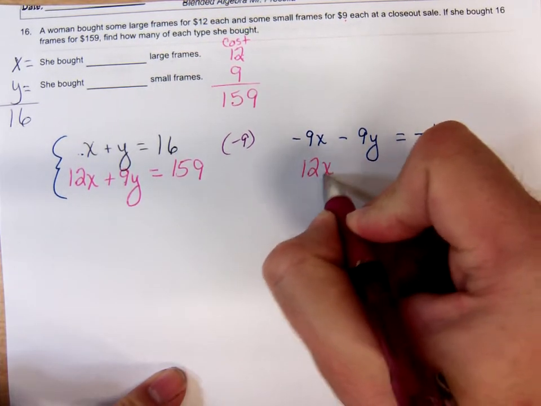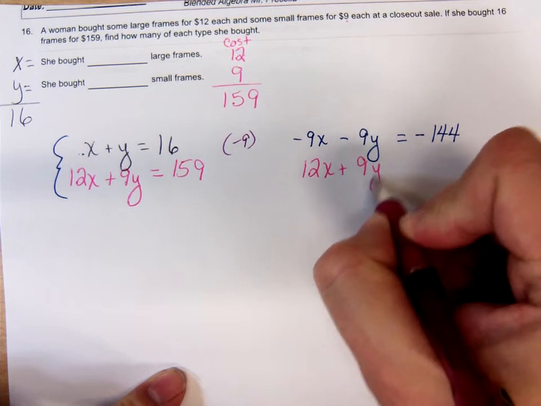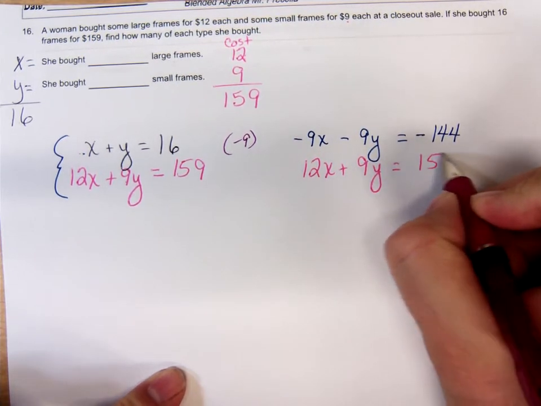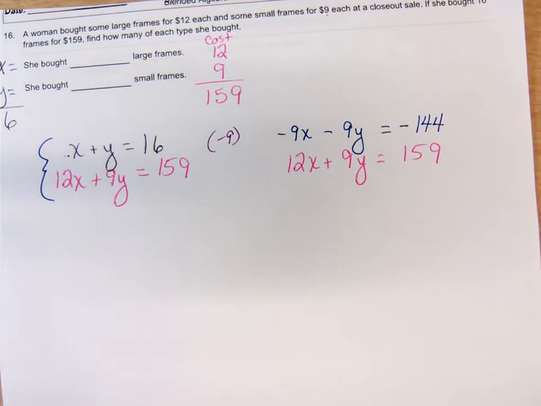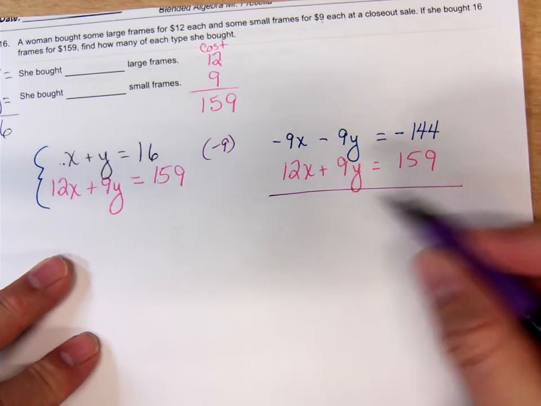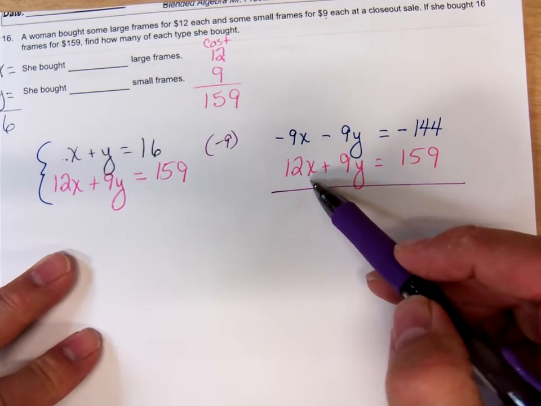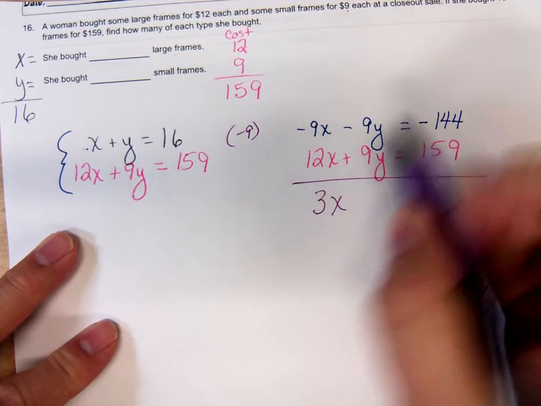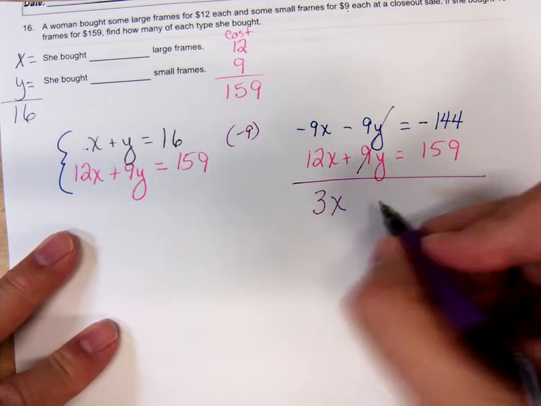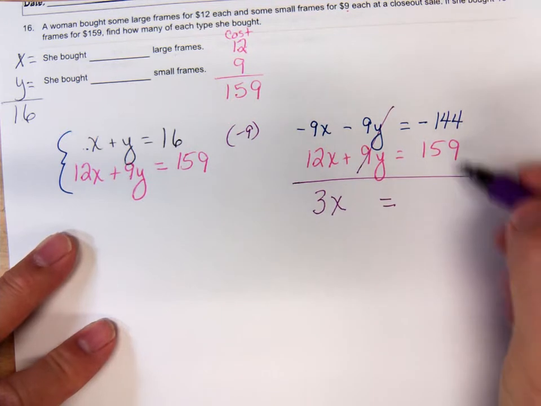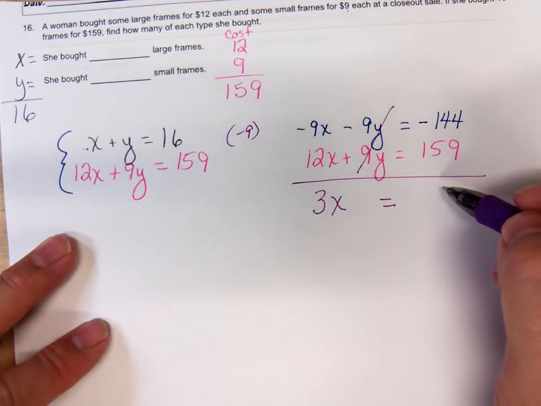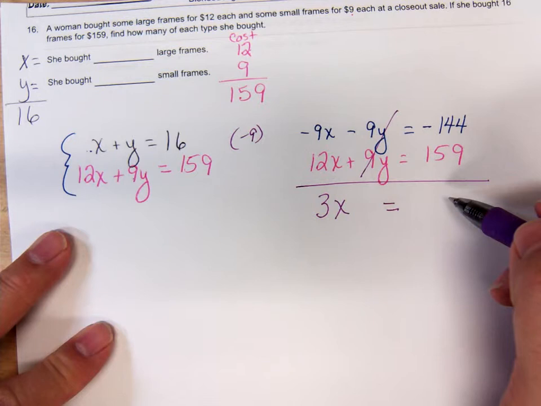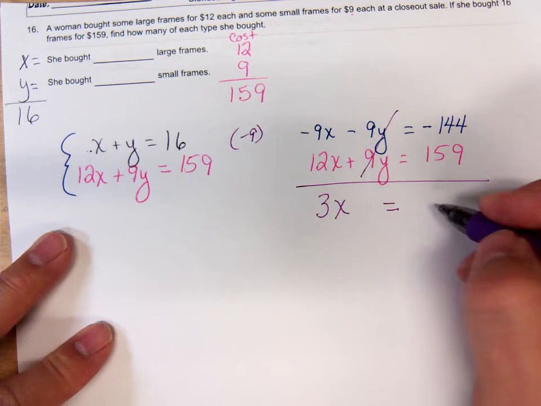So let me recopy the second one. And let's add vertically. The negative 9 plus 12 is 3, so we have 3x. Notice how the y's are subtracting out, equals negative 144 plus 159. Let's see, that is a 15.